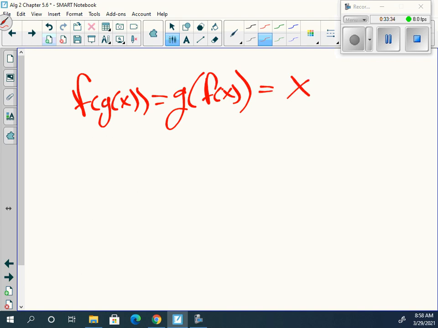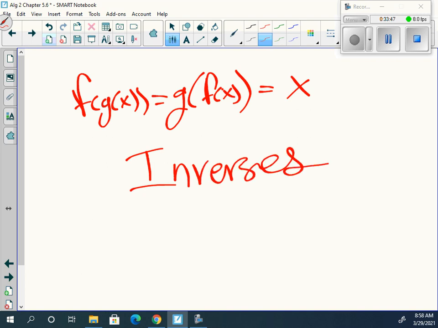And what they'll work out to be is x. g of f of x will be the same as f of g of x, which will be the same as x. And we call them inverses. That's what we're going to talk about in the next section, these inverse functions.